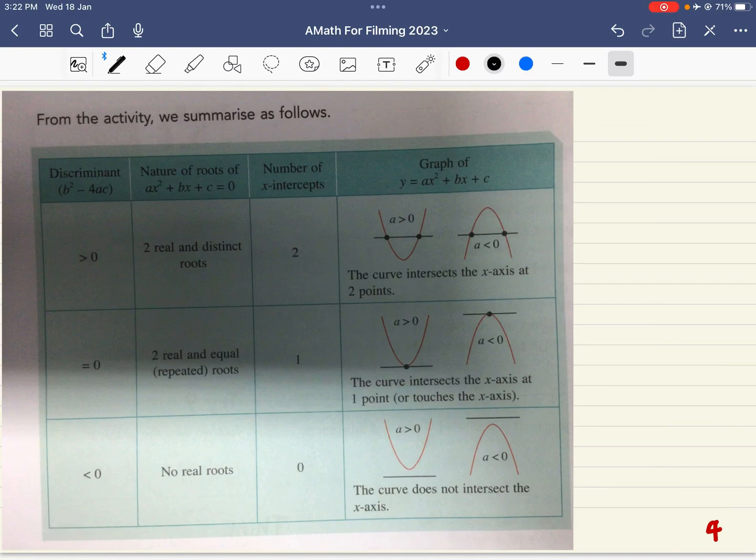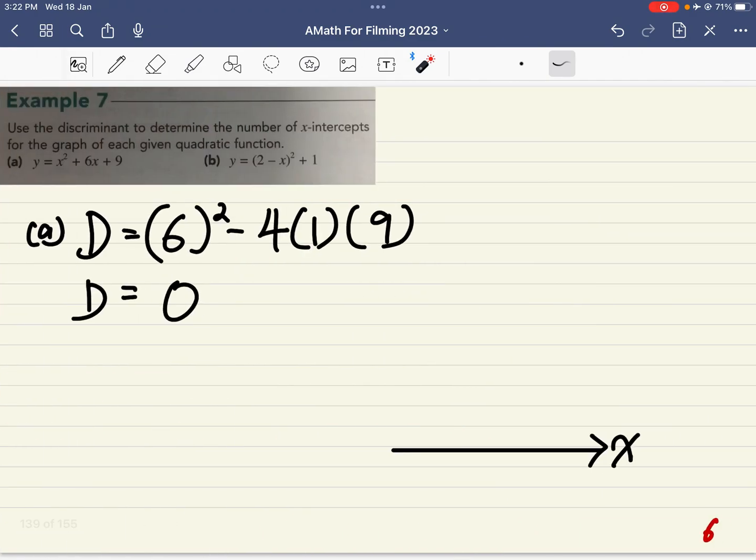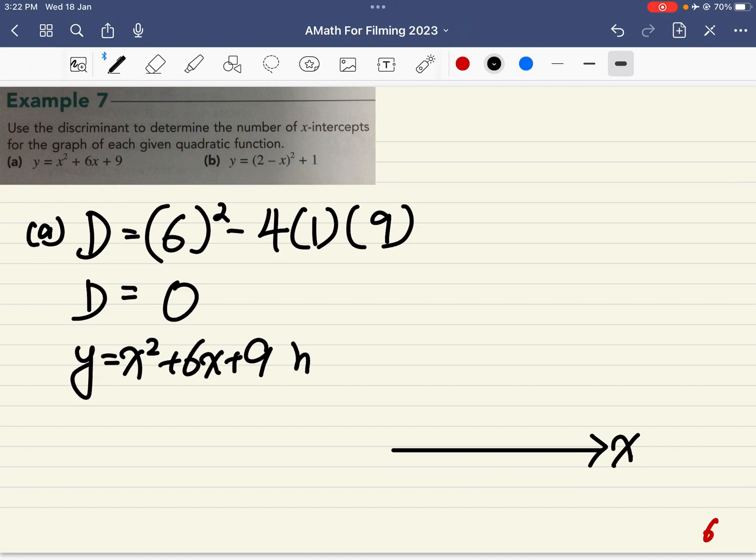You go back to this one. It's two real and equal, or two real and repeated roots. So it means that in this case, they will have one x-intercept. So here the graph y equals x squared plus 6x plus 9 has 1 x-intercept.